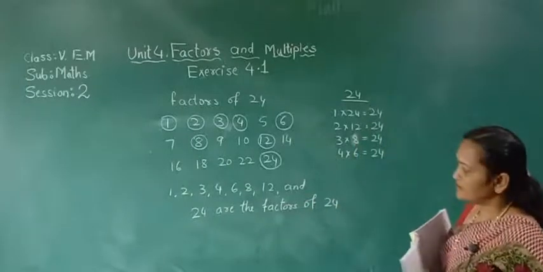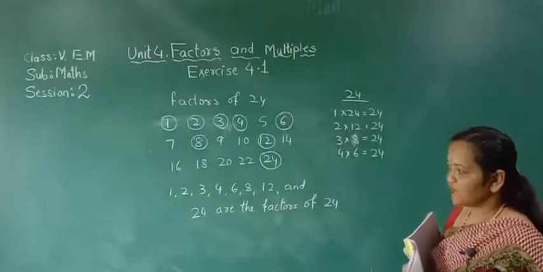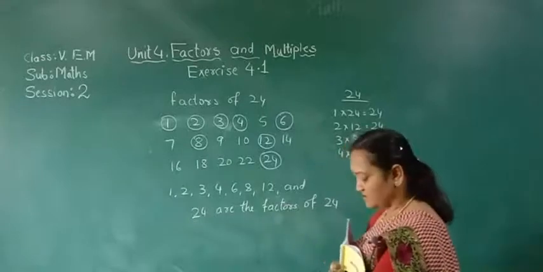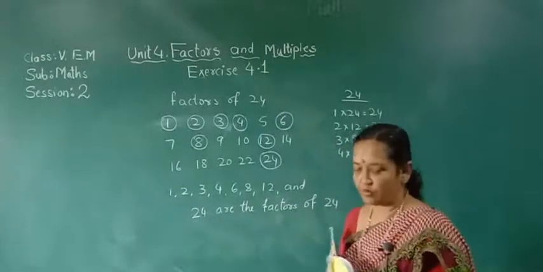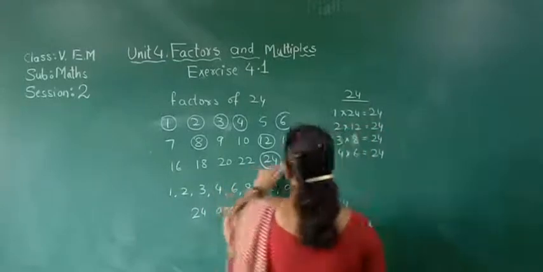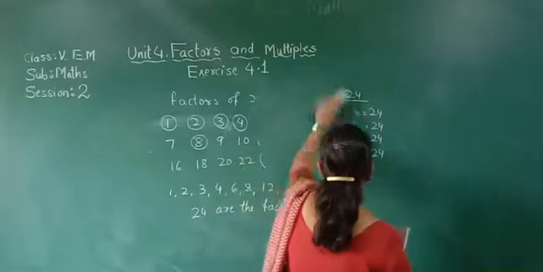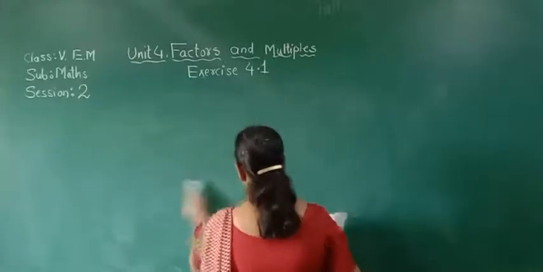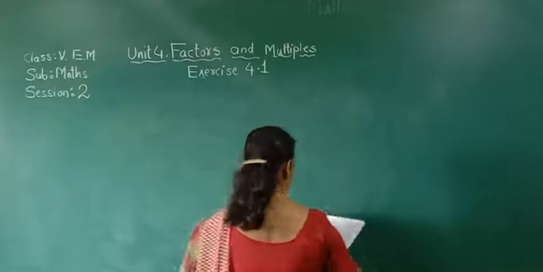Thus understood, children? 1, 2, 3, 4, 6, 8, 12, 24. These are the factors of 24. Then let me go to 8th main question. Here we completed 7th question.